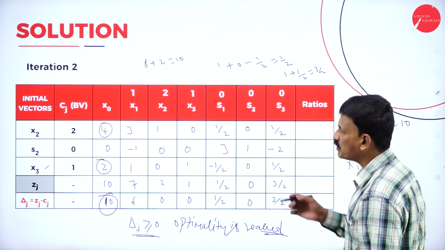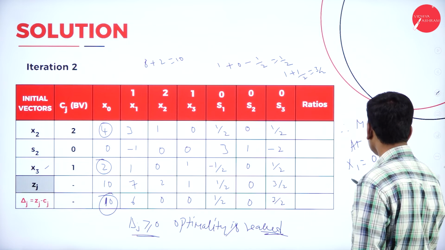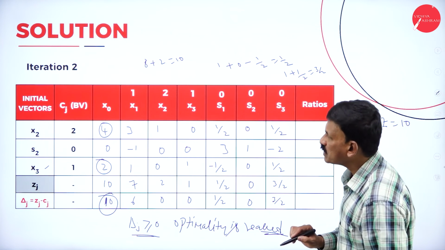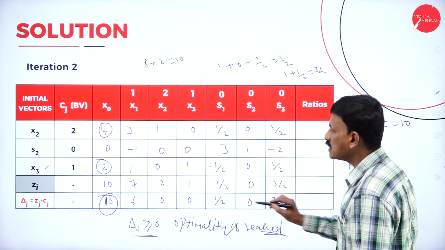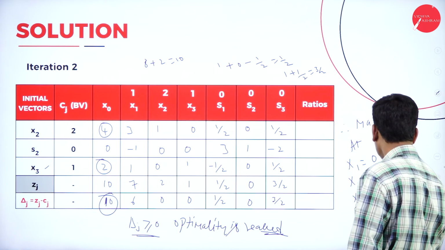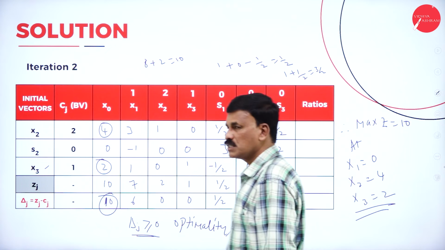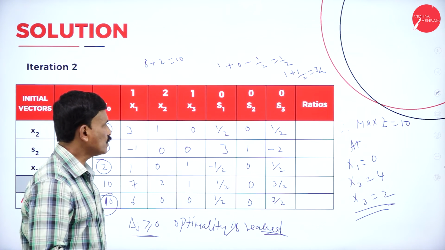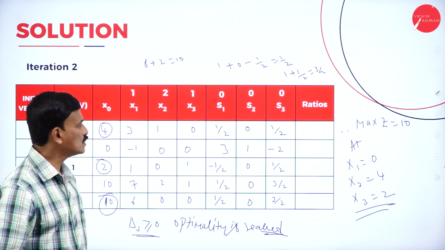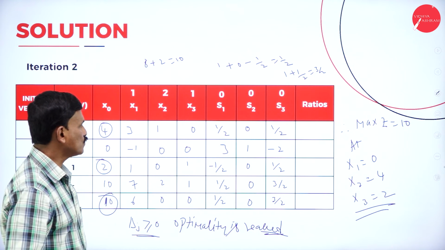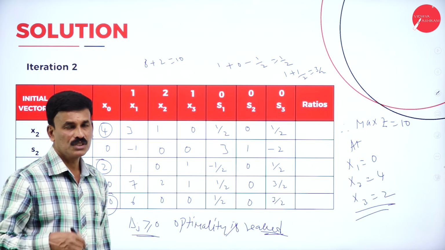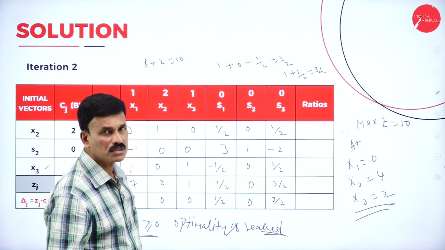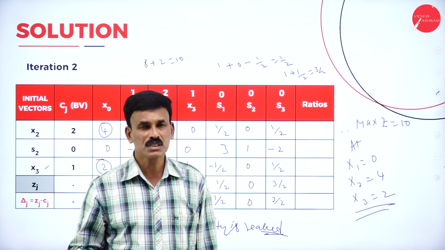What is the value of x1? x1 is 0, x2 is equal to 4 and x3 is equal to 2. So the given problem has maximum at x1 equal to 0, x2 equal to 4 and x3 equal to 2, and the maximum value is 10. So this is how we are going to solve the problem using degeneracy.